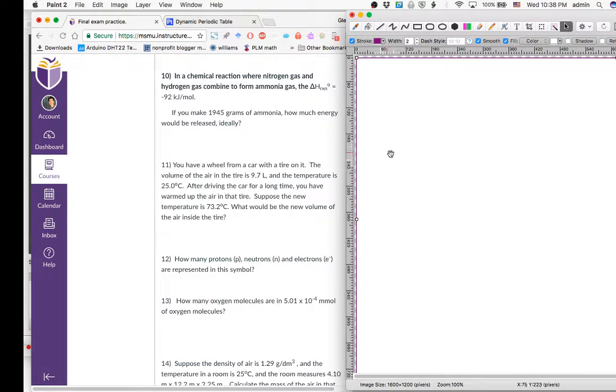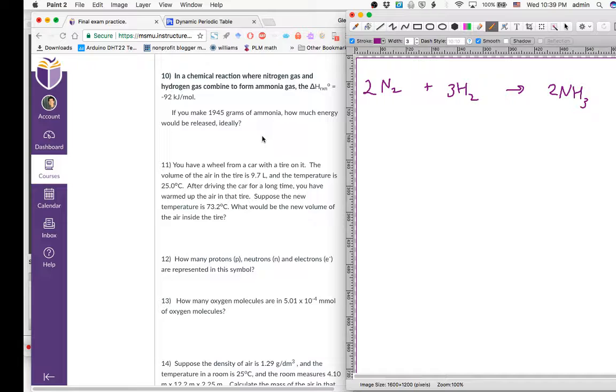All right, so we've got nitrogen gas and hydrogen gas, and somehow they combine to form, so this arrow means to form, ammonia gas. So these are all gases. I have to balance this now. Okay, it's balanced.